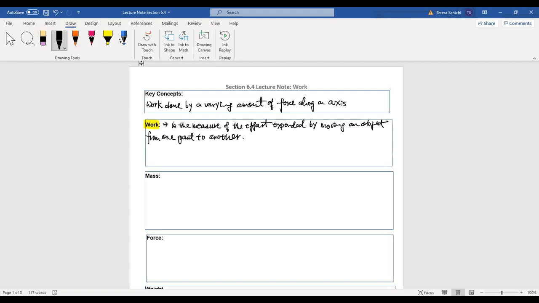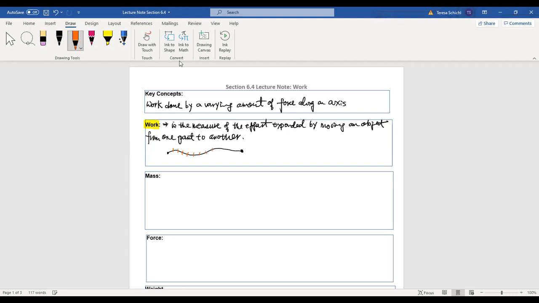The reason why we can use calculus concepts to calculate the work is this. Think about the total work done from moving the object from here to here. You can think about it as the work done over several very small sub-intervals.